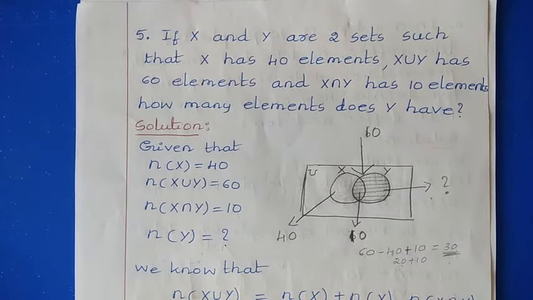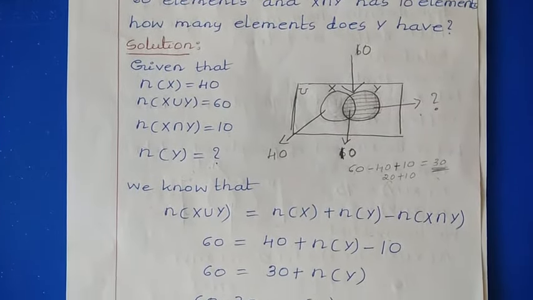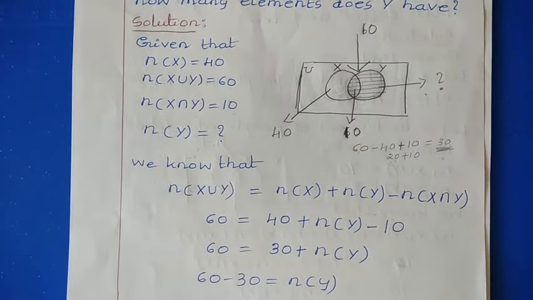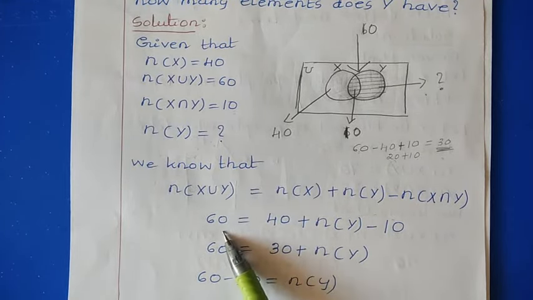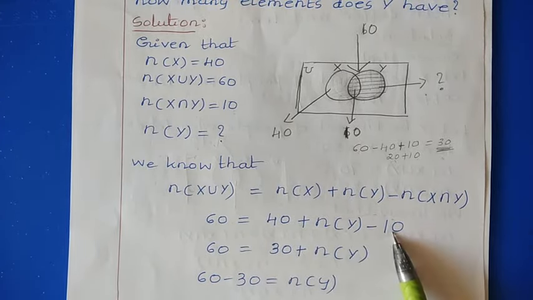Or even we can use the formula n of X union Y is equal to n of X plus n of Y minus n of X intersection Y. In this formula, first let us replace the values. n of X union Y is equal to 60. This is 40. This we have to calculate, minus 10.